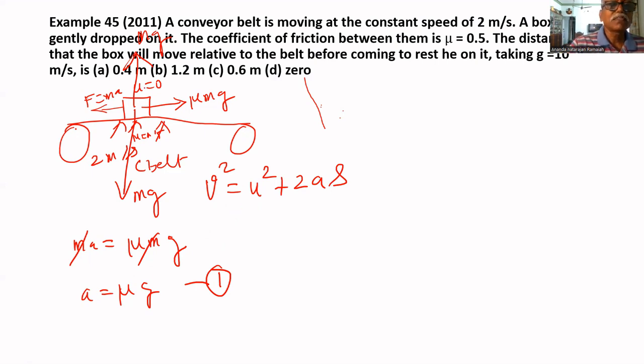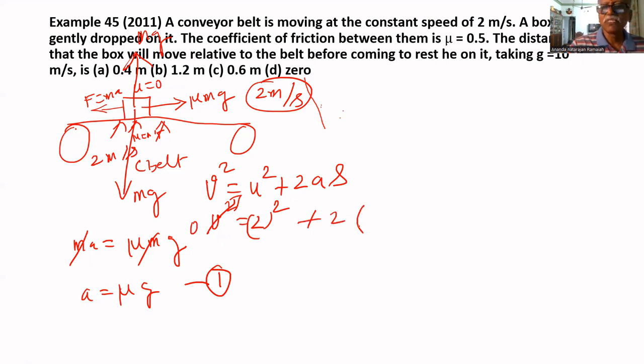The initial relative velocity is 2 meters per second because the belt is moving at 2 meters per second. That's why u is 2, so u square is 2 square. v square equals 0 because finally it has to come to rest. Plus 2 into a, which is mu g. This is retardation, that's why minus mu g multiplied by s.